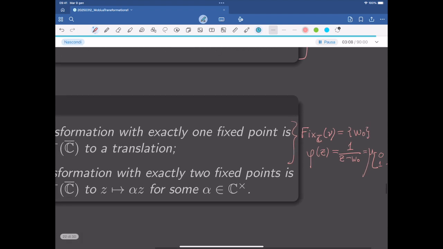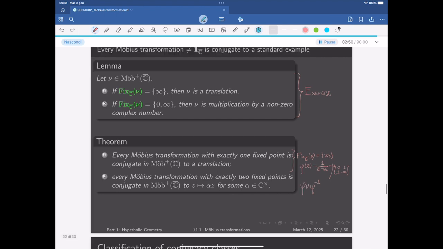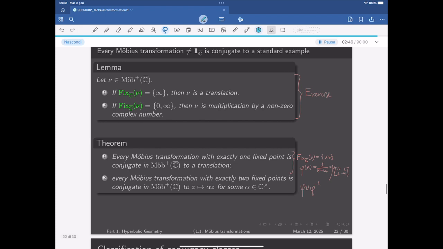And this one, when you consider phi, so I have to go from infinity to w naught, nu, and then go back to infinity. So it's phi inverse nu phi. This is a Möbius transformation that has exactly one fixed point. And this exactly one fixed point is infinity.